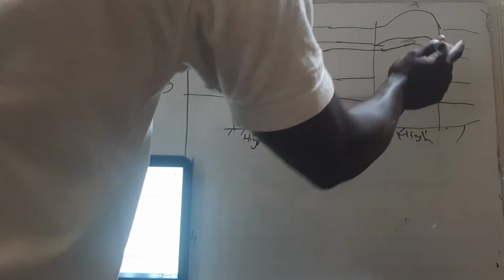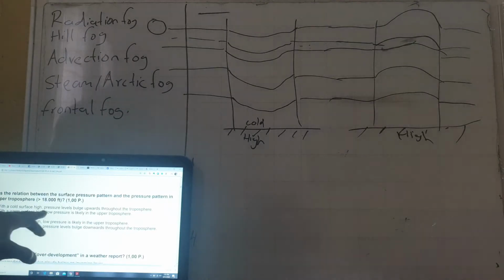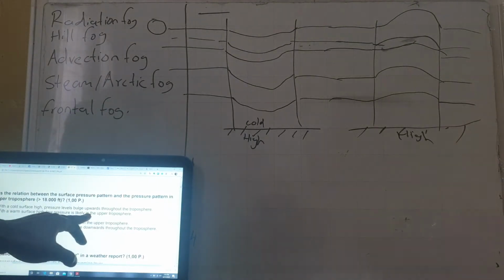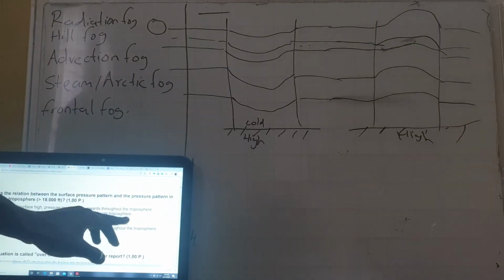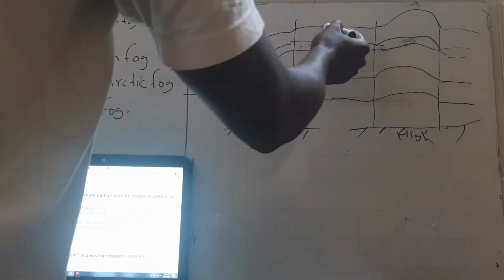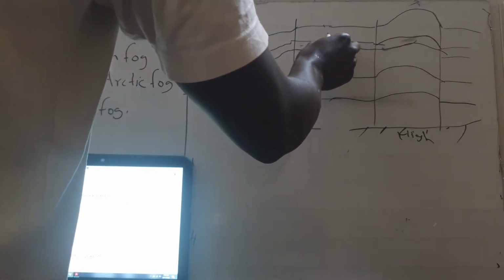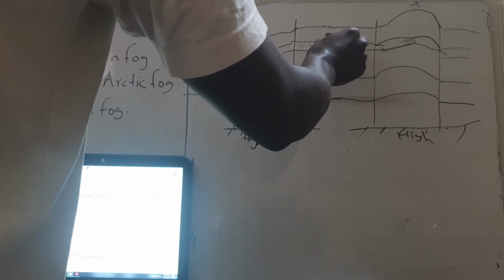Very excellent. Okay, good. So B is saying with a warm surface high, low pressure is likely in the upper troposphere. So if you have a high pressure here, let me exaggerate it. Let's consider this level.